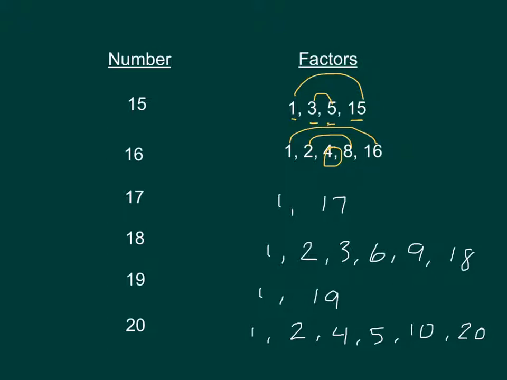Which numbers have 2 as a factor? When I look at these factors, I'm seeing 2 for the numbers 16, 18, and 20. I'm noticing that these are all even numbers. So 2 is a factor of even numbers.